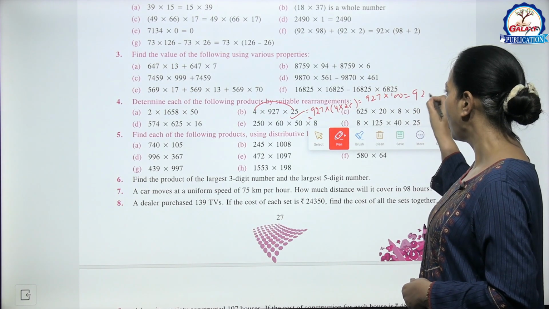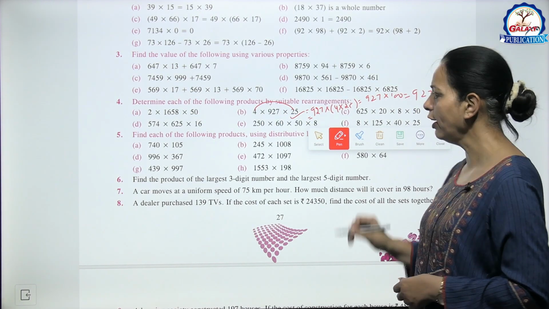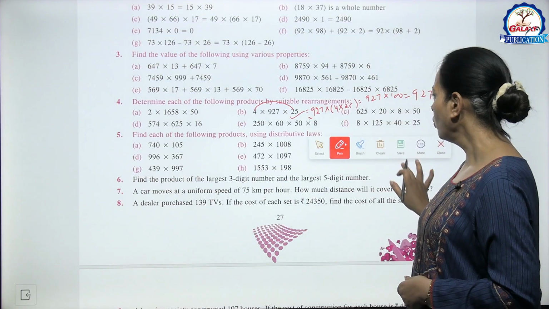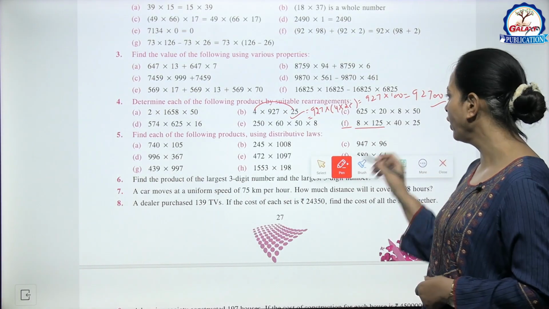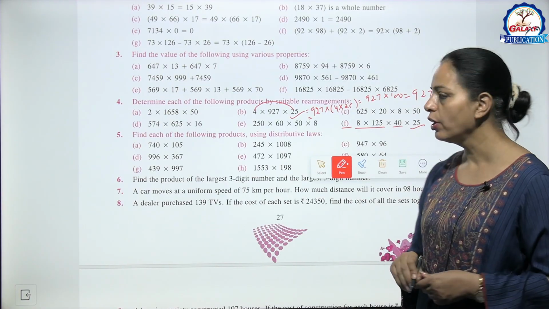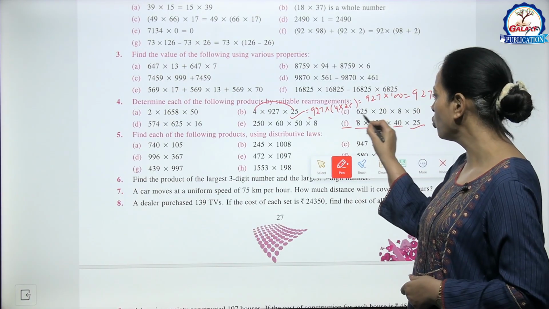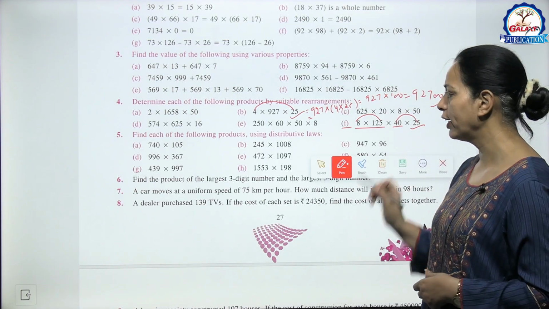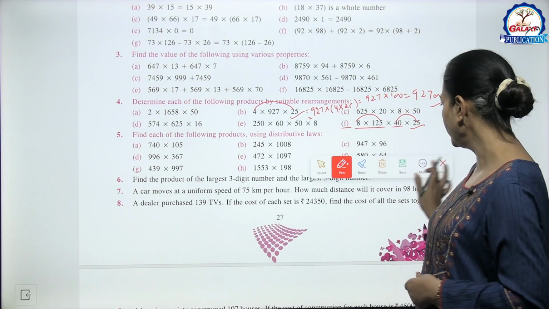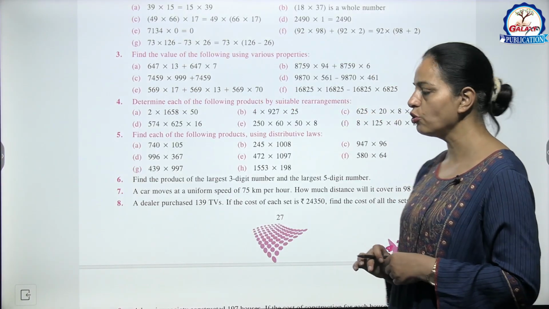So this is the answer. Okay, right? Now like this, F part, 8 into 125 into 40 into 25. You multiply these two, multiply these two, then you will get the answer, right? I hope these are clear to you.